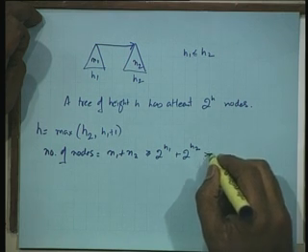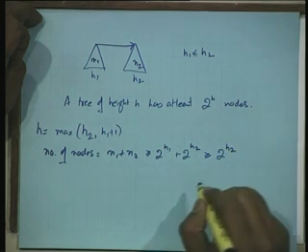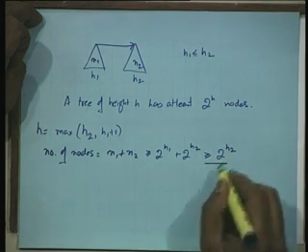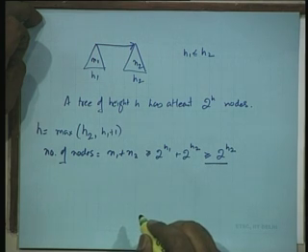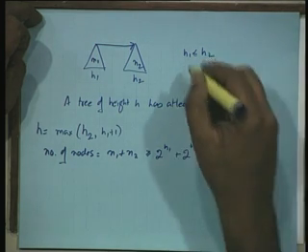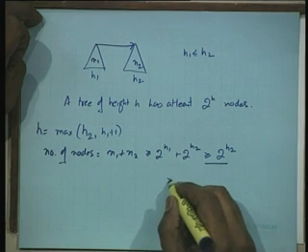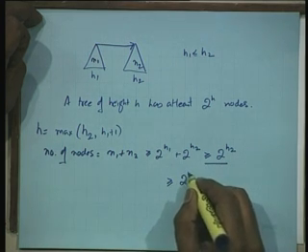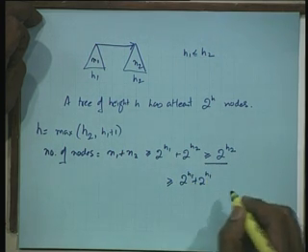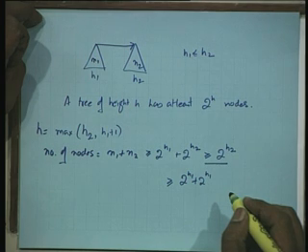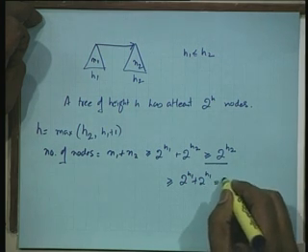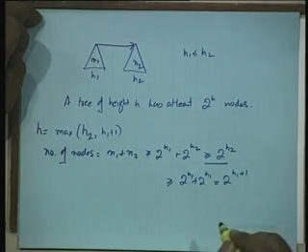So, this quantity is greater than or equal to 2 to the h2, that is one way of thinking of it, right. And since h2 is more than h1, this is also greater than or equal to 2 to the h1 plus 2 to the h1, yeah, which is equal to 2 to the h1 plus 1.